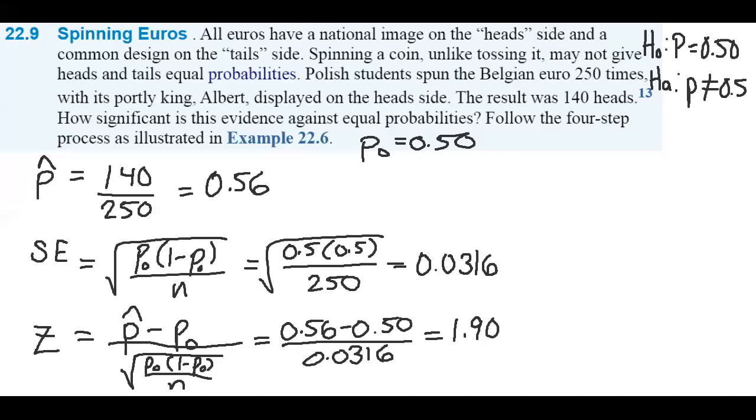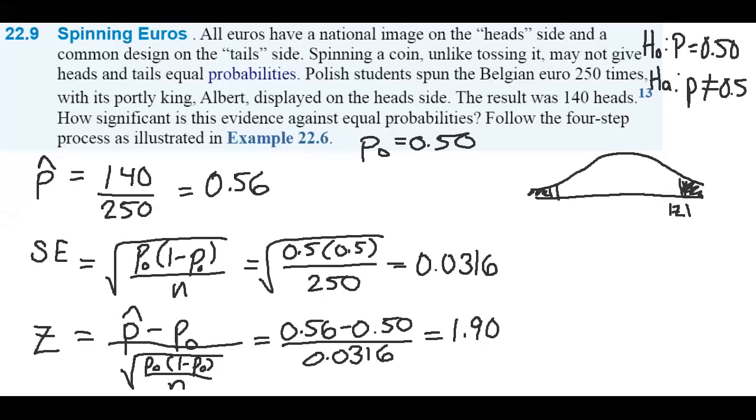And what else do we need? We are trying to do a two-sided test, right? A two-sided test, if you recall, looks like a critical region on each side of the absolute value of z.